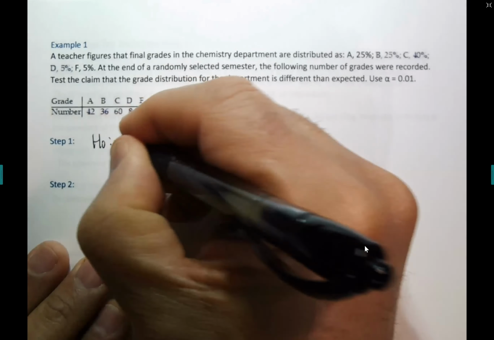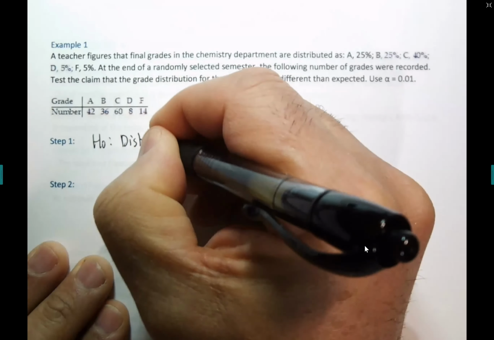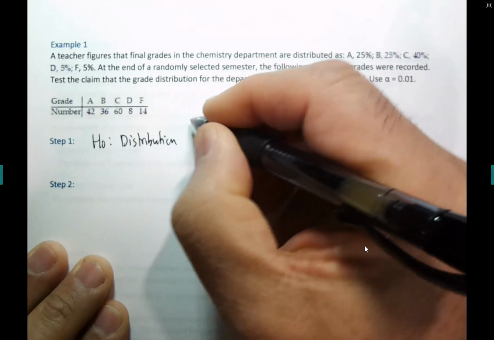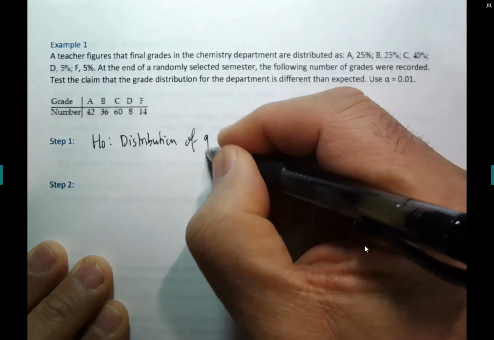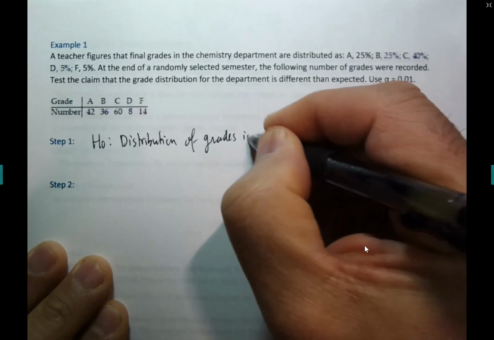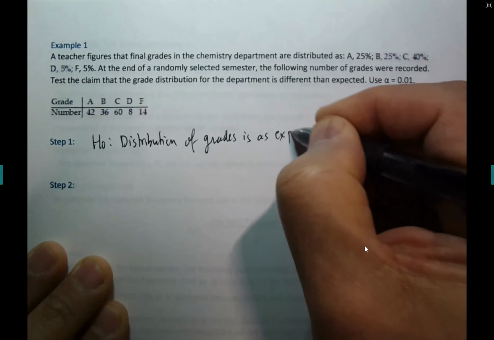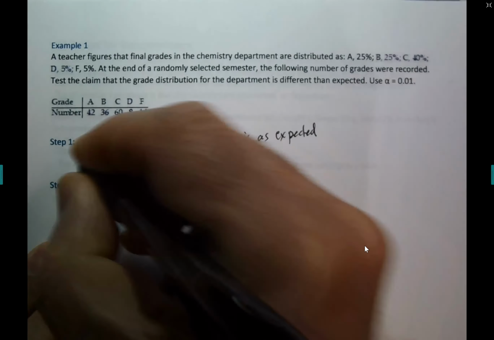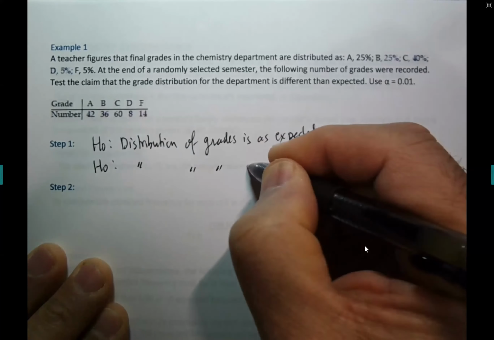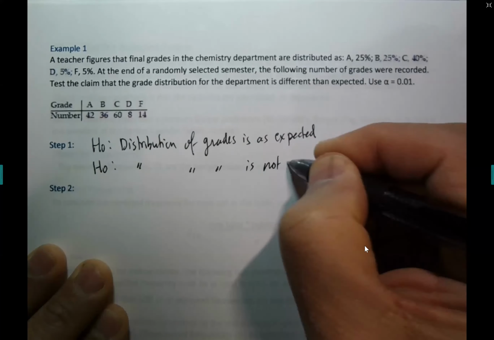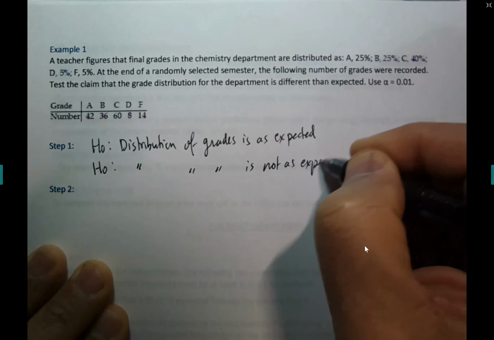So we start. H0: the distribution of grades is as expected, or as claimed, if you like. HA: the distribution of grades is not as expected.